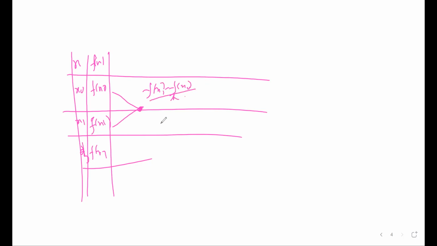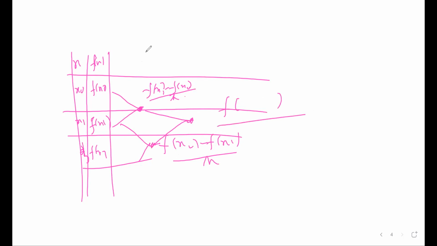Yes, sir. And we again calculated the derivative here, f(x2) minus f(x1) divided by h. Then using these two, we calculated another derivative there. Yes, sir. So this is your first derivative. This is your second derivative.